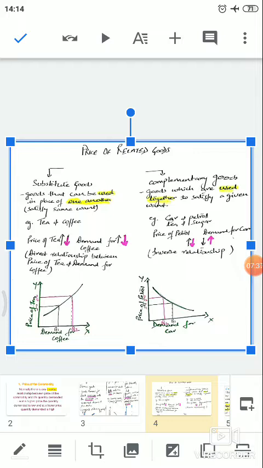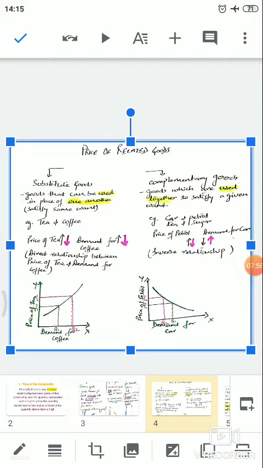Now, if the price of tea becomes 50, if the price rises, tea becomes costlier as compared to coffee. So people who are consuming tea will switch to the consumption of coffee. So with the rise in price of tea, the demand for coffee would increase.